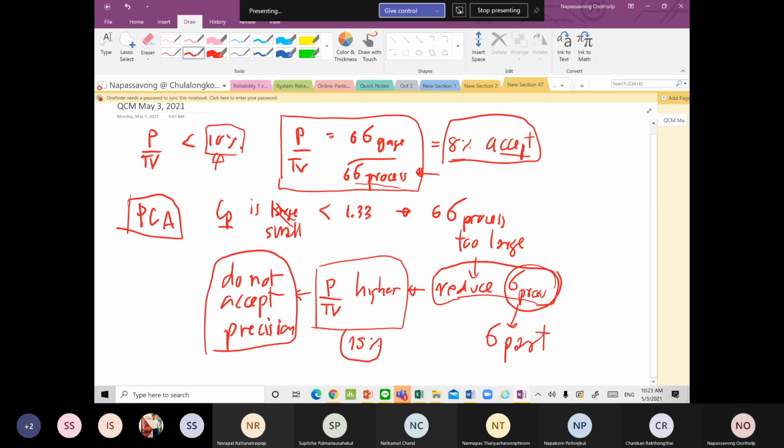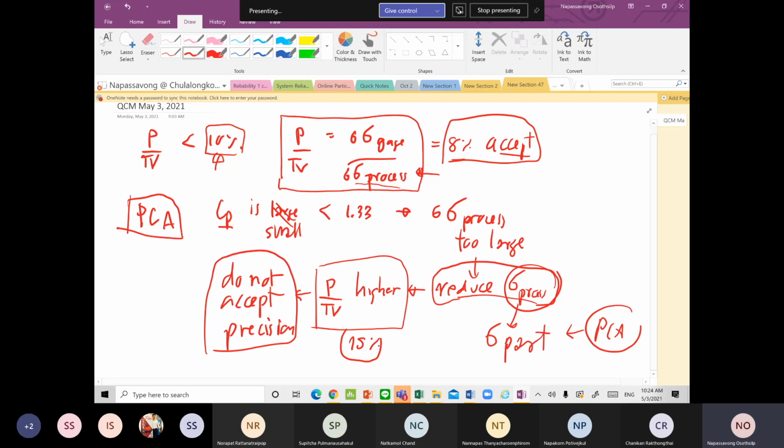Remember PCA, right? Process capability analysis. We quantify the variation or the difference among the parts that we produce. If the parts are too much different, we want the parts to be similar to each other, and the way to make the parts similar is that we should have a standard method for production.